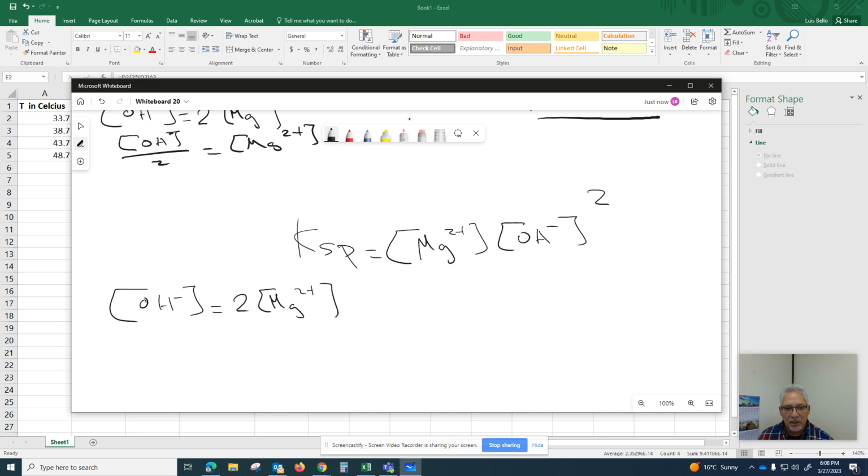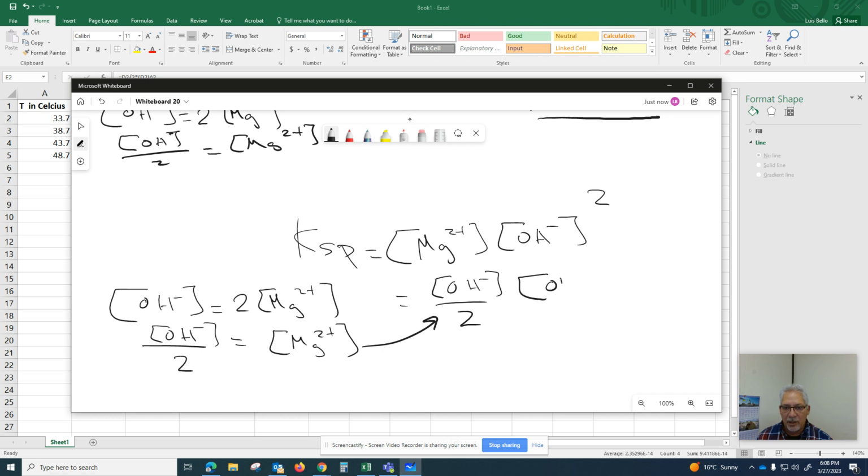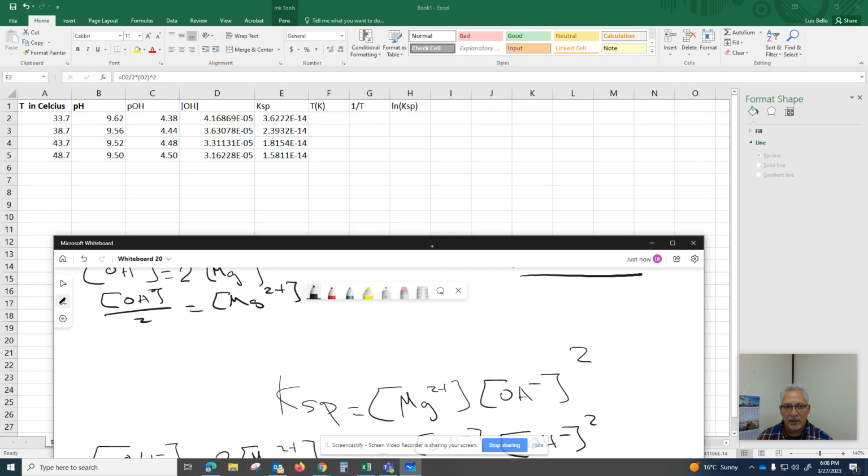And then if I want to find magnesium, I do the following: OH over 2 equals magnesium. And then what I do is OH over 2, which is magnesium, times OH squared. And that's my formula here.